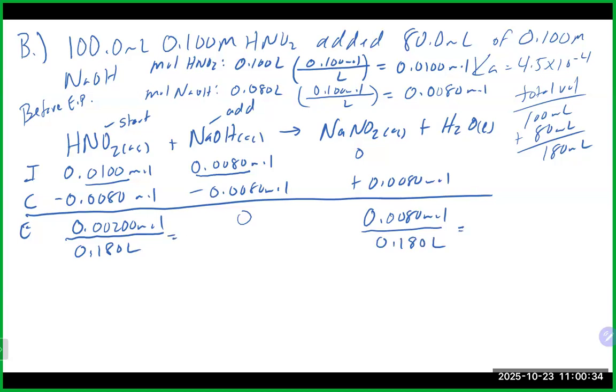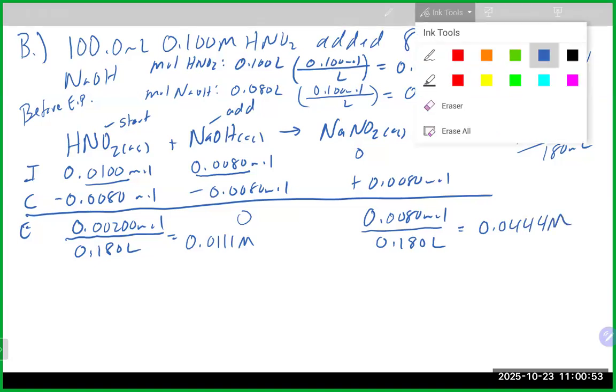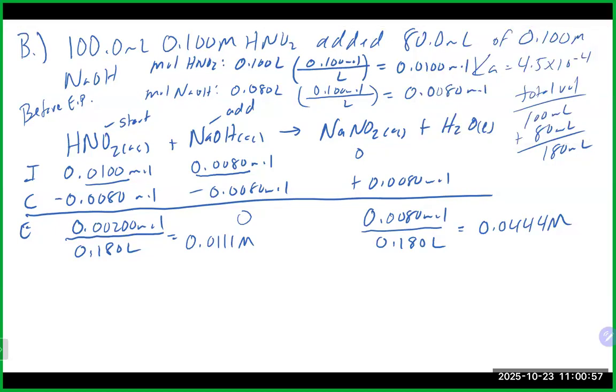That's going to get us here 0.002 divided by 0.18, 0.0111, and 0.0444 over here.